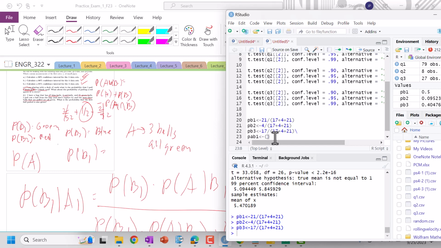The total is going to change. Given that the first ball is green, let's get this as a variable, tote.